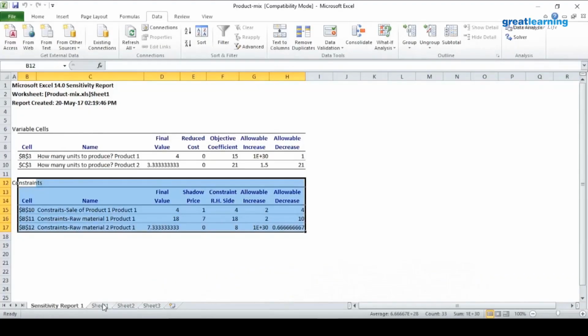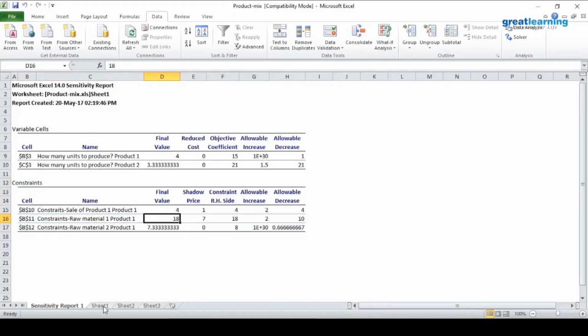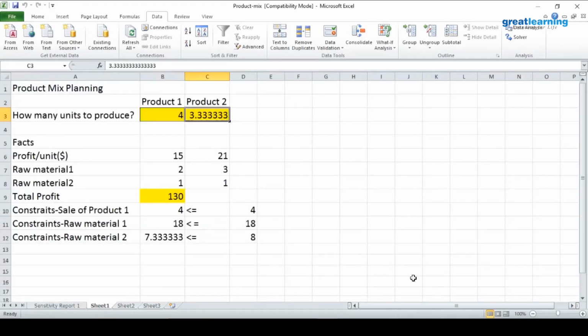Let us go to sheet 1. In the Excel, the same sheet 1, we have got sensitivity, everything which we have got here. So sheet 1 we go. In the right hand side, I make this 20 kg.